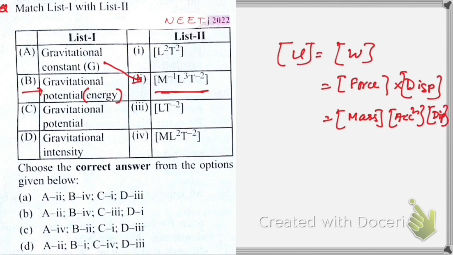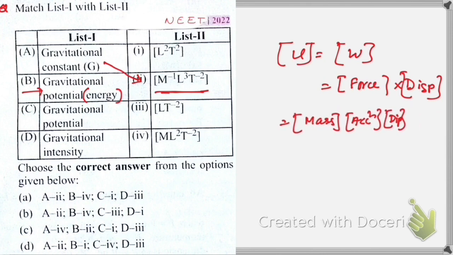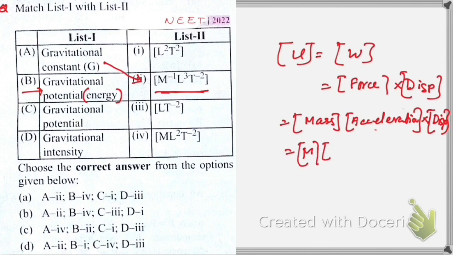So for mass we get M, for acceleration L t to the power minus 2, and the dimensional formula of displacement is length, so M L square t to the power minus 2. This is the dimensional formula of energy.